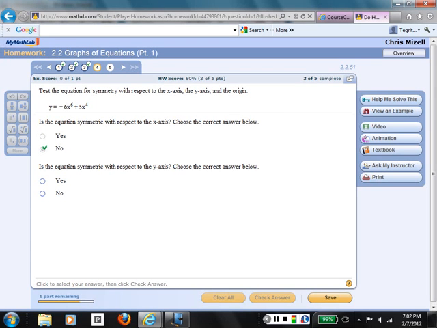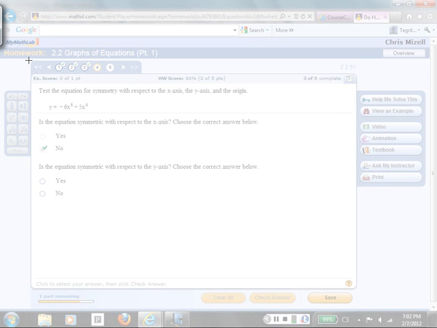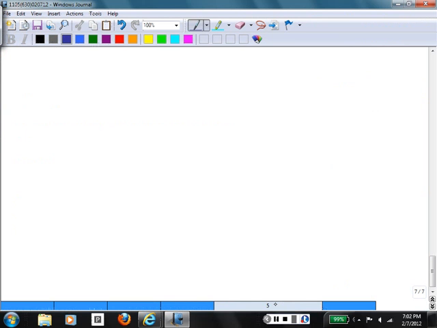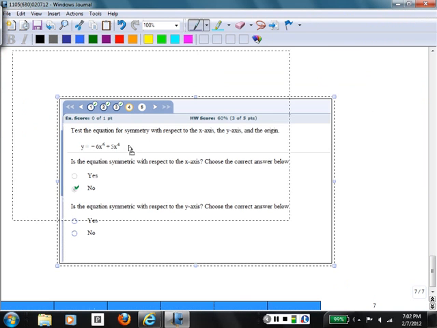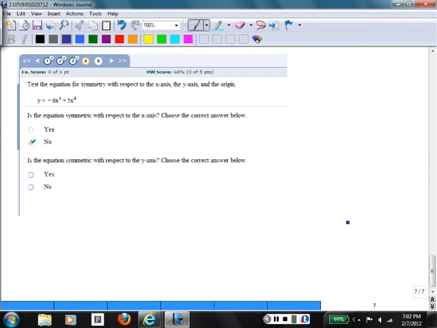But I'll go ahead and go through the motions here of checking for symmetry with respect to the y-axis. To check for symmetry with respect to the y-axis, substitute negative x for x in both spots there. So it's going to be y equals negative 6 times negative x to the 6th power plus 5 times negative x to the 4th power. Does this have to be done in gory detail? I don't think so.